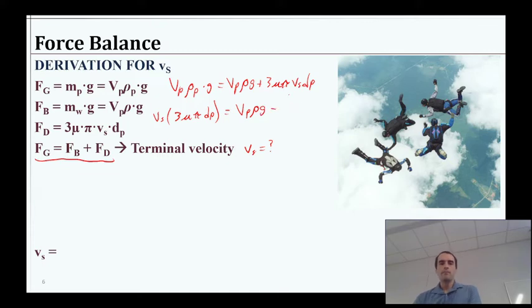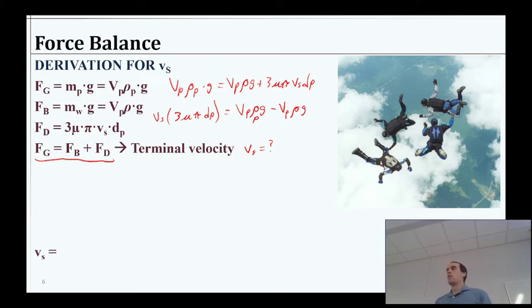Excuse me, this needs to be the density of the particle. Subtracting this guy from both sides, this will be minus Vp times density of the water times gravity.